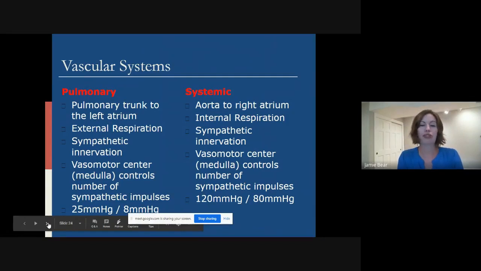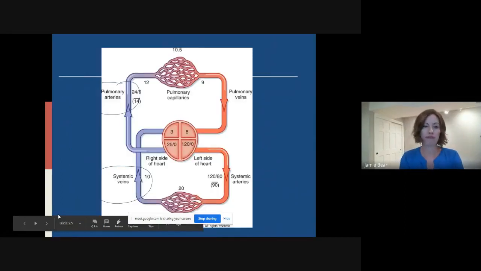And that's an absolute function of the distance the systemic circulation has to travel. We need a much higher pressure to travel a further distance. The pulmonary system is made up of vessels that only have to travel through the pulmonary system, so once again that's going to be a much lower pressure.